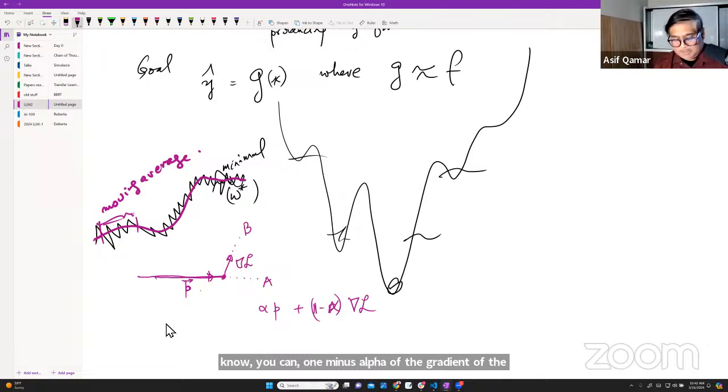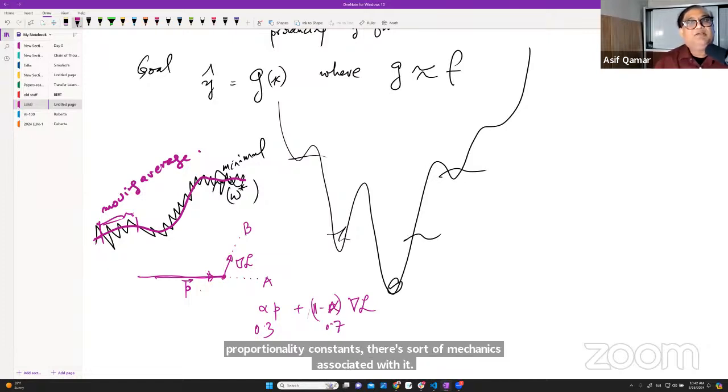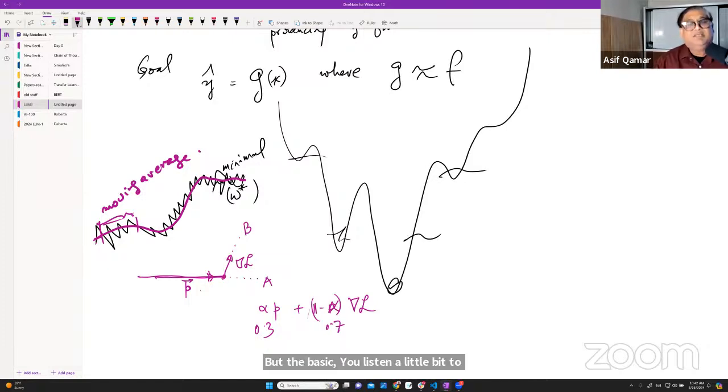Say 0.3, 0.7. I'm giving a very simplistic explanation; when you actually look at Adam, there are proportionality constants and mechanics associated with it. But the basic intuition is you listen a little bit to the history, the momentum, and a little bit to the gradient. You don't completely swing to one side. Does that make sense?